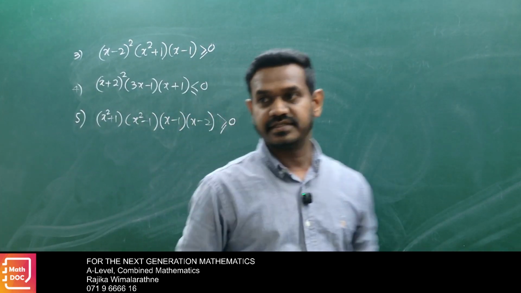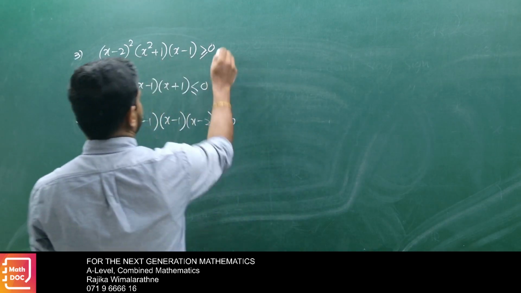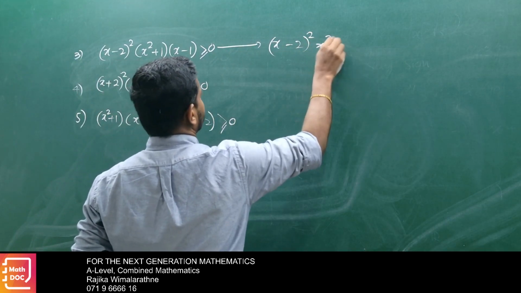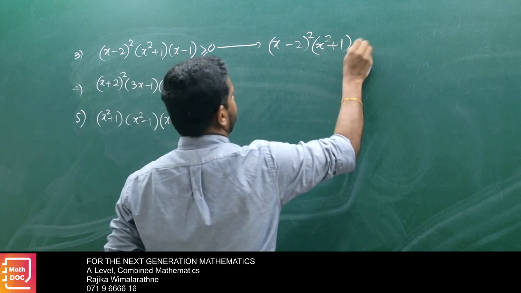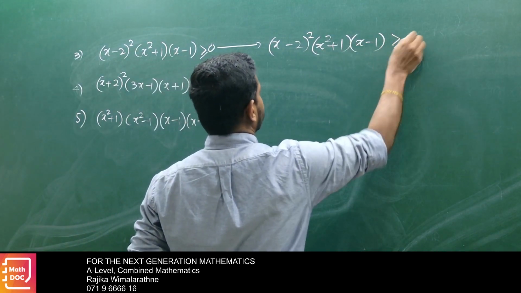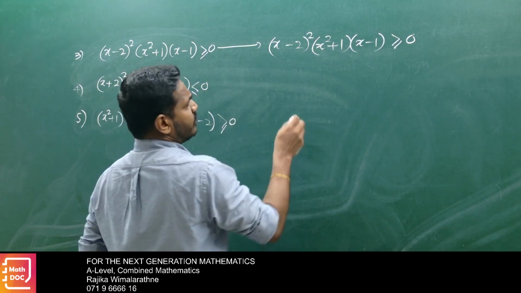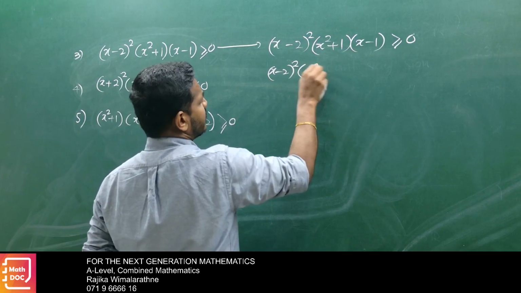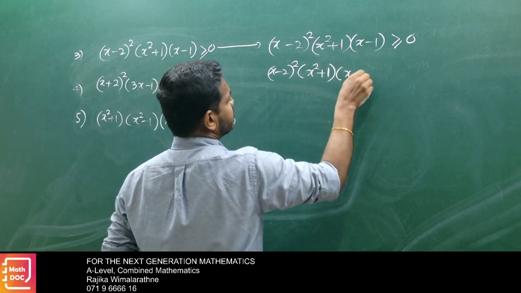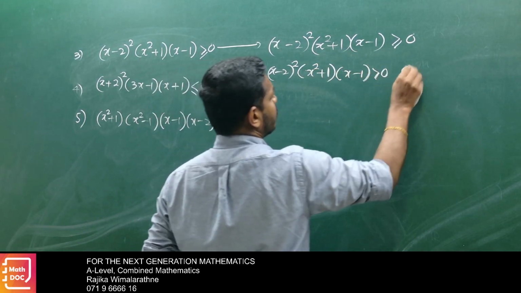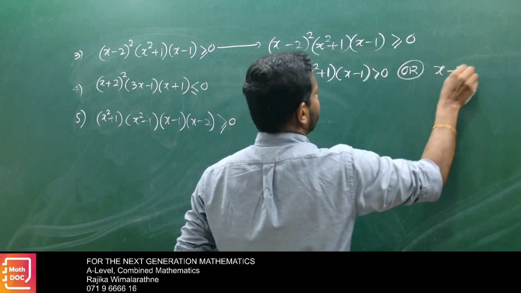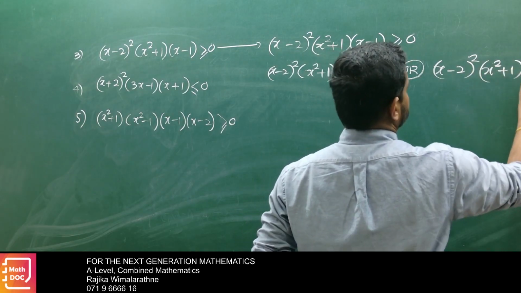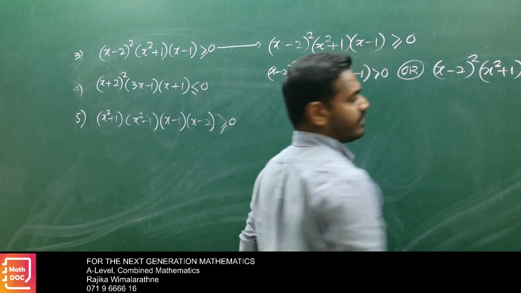Okay, check your answers. Here the first one: (x minus 2) squared times (x squared plus 1) times (x minus 1) greater than or equal to 0. First you separate: (x minus 2) squared (x squared plus 1)(x minus 1) greater than 0, or (x minus 2) squared (x squared plus 1)(x minus 1) equals 0.